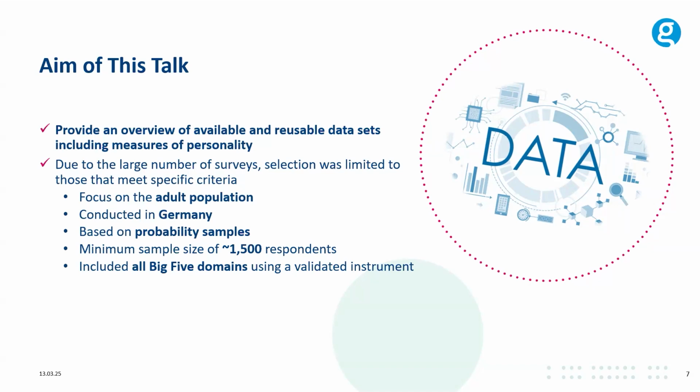From the side of the measurement, our demand was that all Big Five domains should be assessed, so not only one or two of them, and that these should be assessed with validated instruments of known quality. So no self-developed questions of unknown quality.